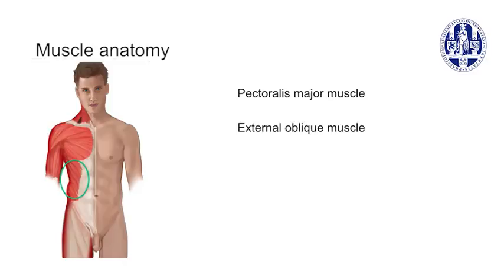The fibers of this muscle run from the superior lateral to an inferior medial position. The muscle has a flat and broad tendon, which is also called aponeurosis. This aponeurosis runs over the rectus abdominis muscle and ends mainly in the linea alba. Therefore, the rectus abdominis muscle is not yet visible.